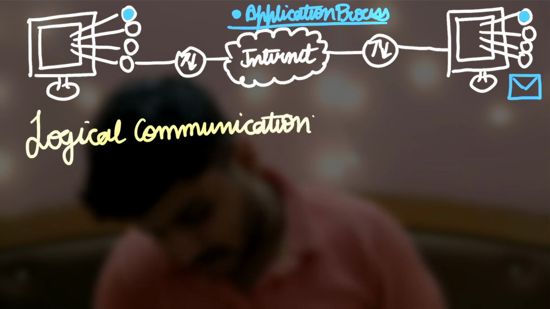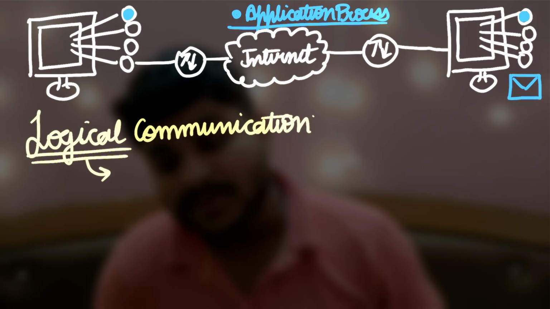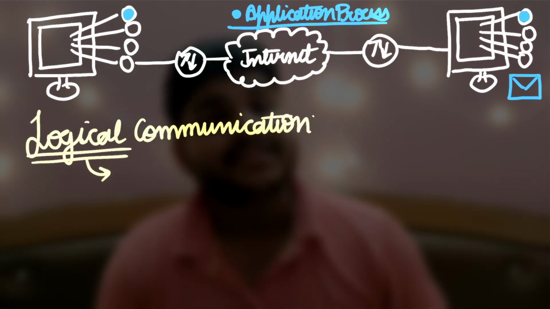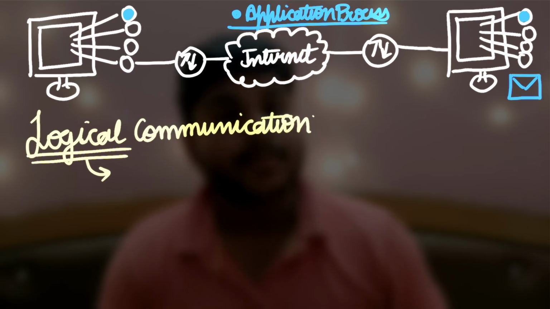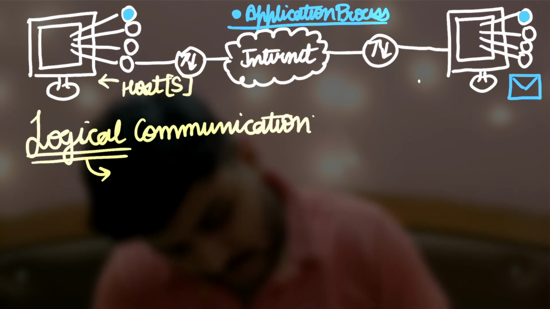Now you may think, what does logical mean? Here, the messages are sent free from the worry of the details of the physical infrastructure used to carry them. We don't really care about the network that is connecting these two hosts, the sender and the receiver.